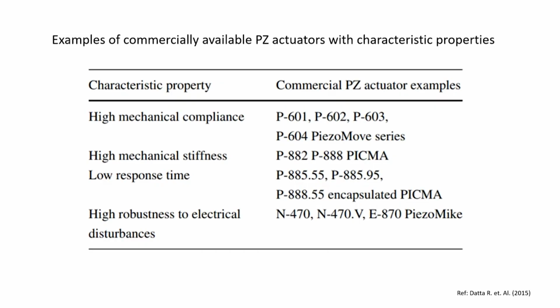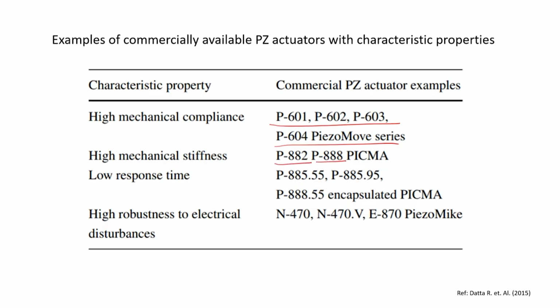Now, PZT actuators, I have just shown you one example of it, but there are many other examples of such a system. For example, if you want a high mechanical compliance of the stacks, then we go for P601, 602, 603, etc. If you want to get a high mechanical stiffness, then you use the P882 or P888 type of piezoelectric material.